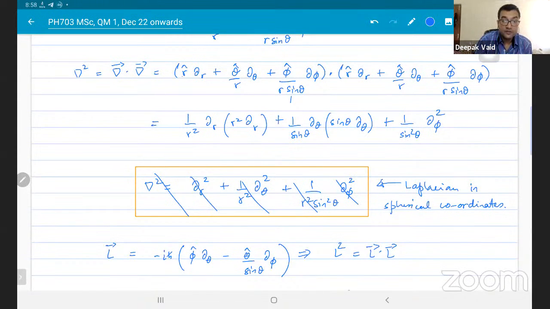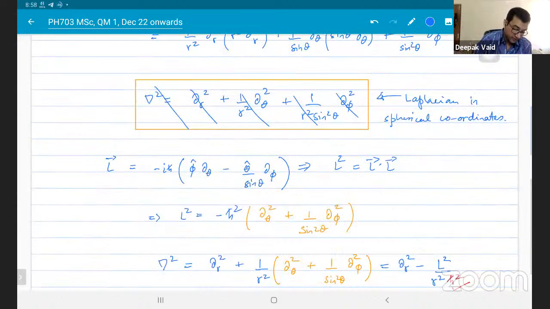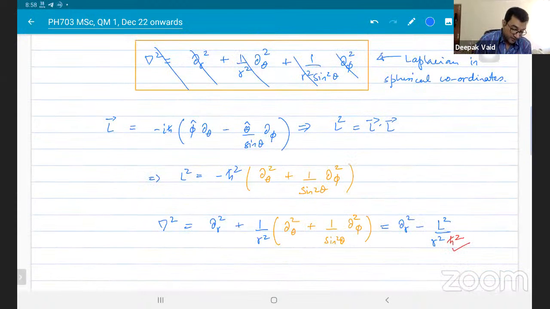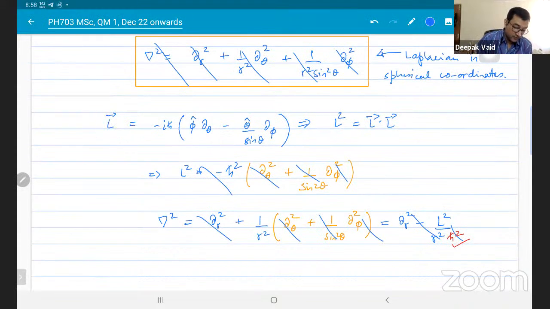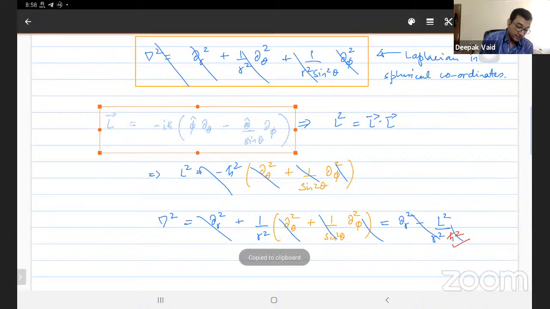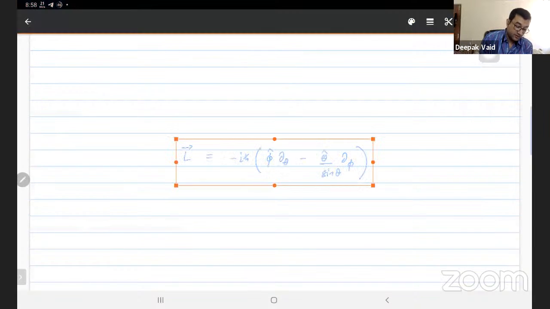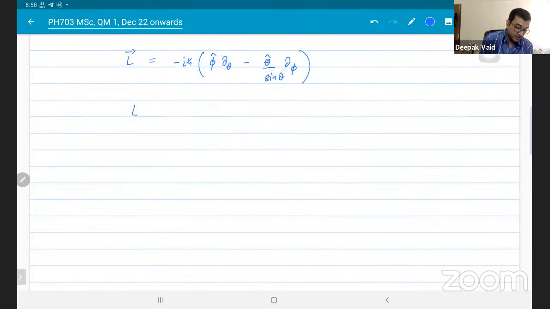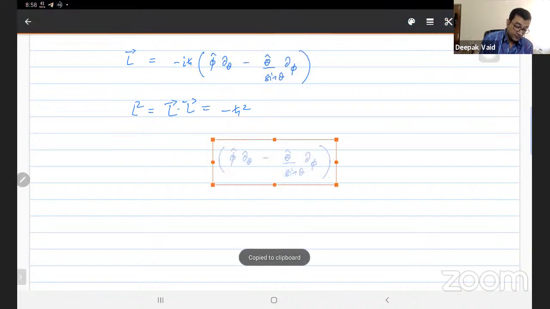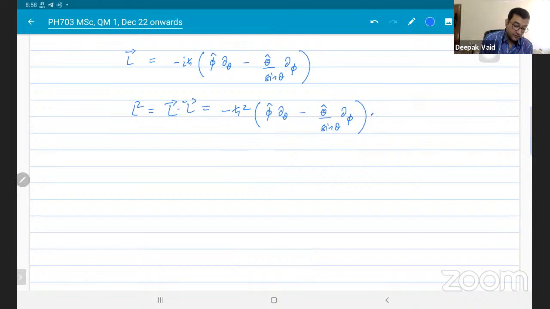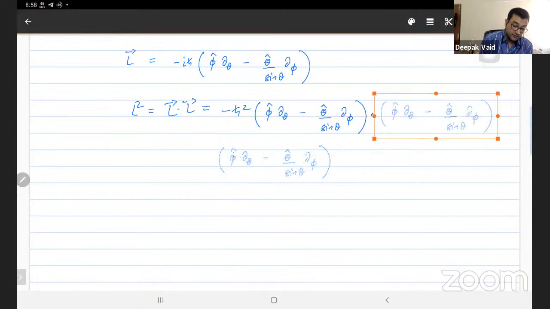What is angular momentum in spherical coordinates? For the same reason, when I take this L squared term, I can't just take the dot product blindly. I have to be careful about it. So let me see. This is L. If I take L squared, that is L dot L, minus h bar squared, dotted with the same thing.